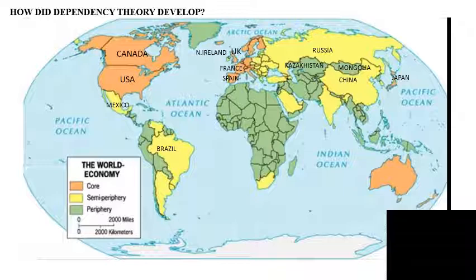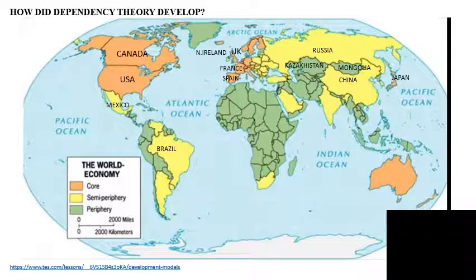Likewise, in Asia, except for Japan, which is the center or core country, most of the countries are semi-periphery or periphery. Now let's hold here for a while and see further what dependency theory really criticizes about this categorization of the countries as core, semi-periphery, and periphery.